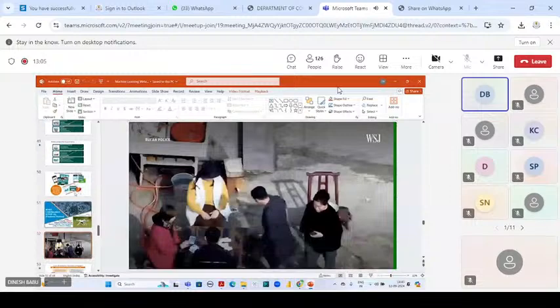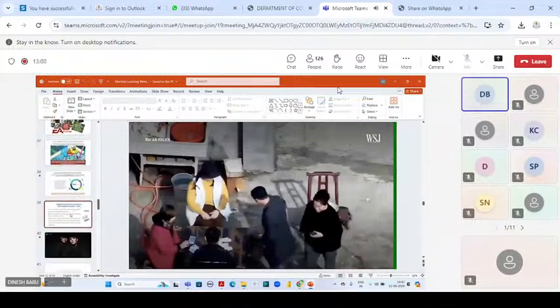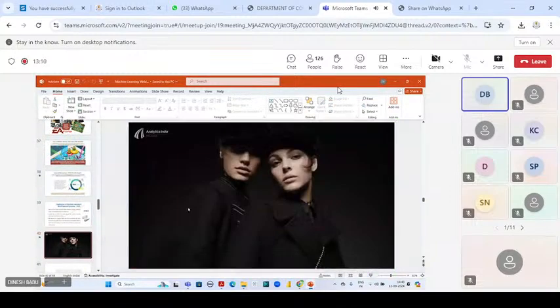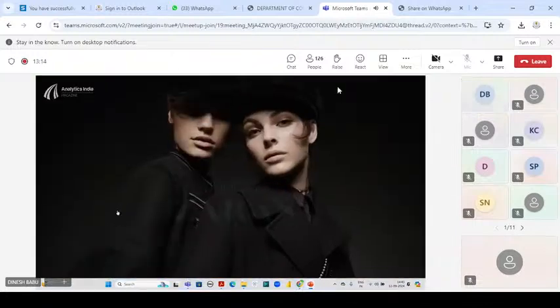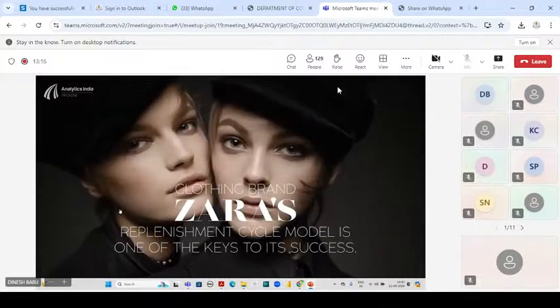Let me show you one more example: how Zara tracks the inventory with the help of computational intelligence. Let me give a short brief. As you know very well, Zara is one of the largest distributors of clothes, famous for fashionable clothing.